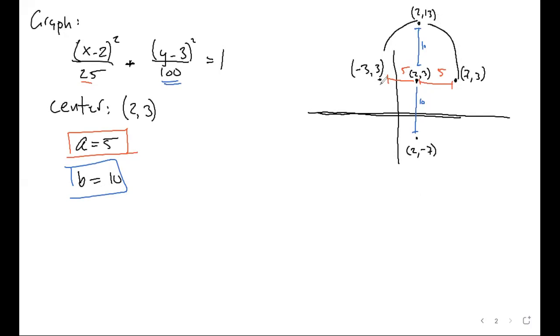Then you just connect everything up. Doesn't look like a very good ellipse, but that's what it looks like. Not a very handsome ellipse, but there it is.